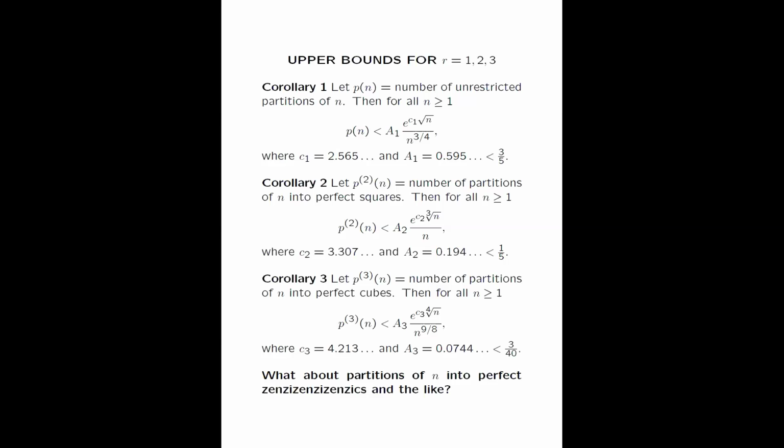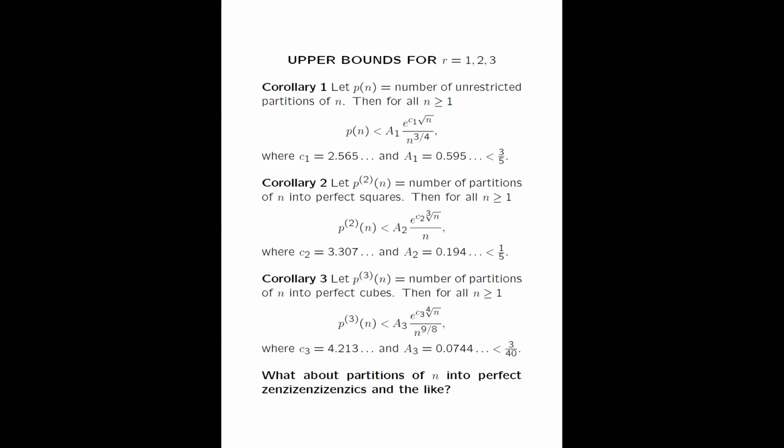For P of n, it's off by 1/4. For the squares, it's off by 1/6. If we go to perfect cubes, I give the result here. And again, for comparison's sake, the denominator now is off by 1/8 compared to the asymptotic.